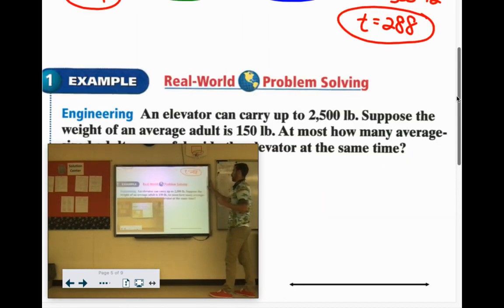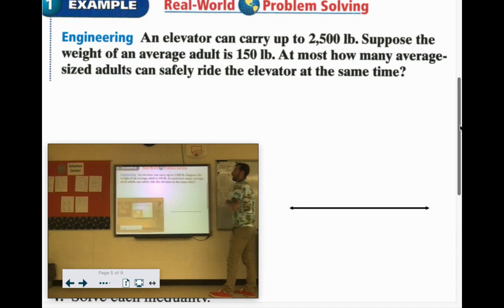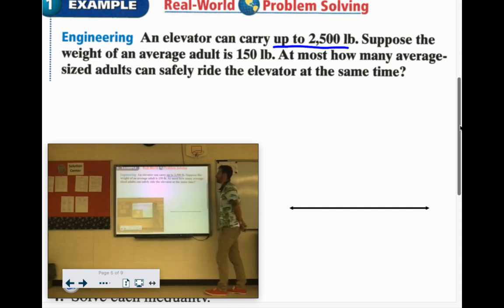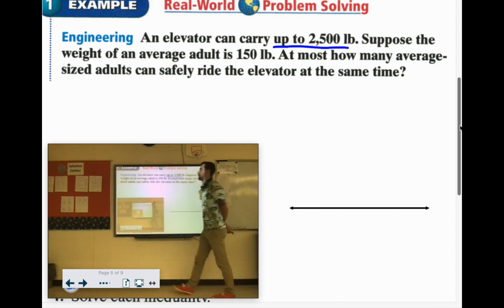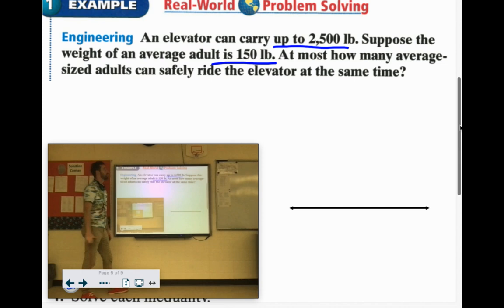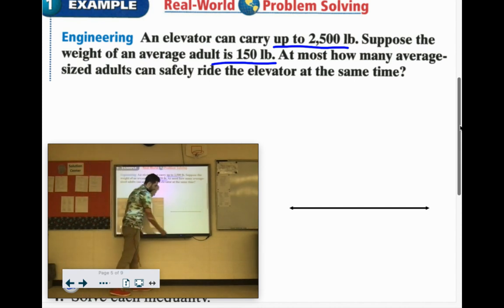Start off with a word problem. Why not? An elevator can carry up to, I bet that up to is important, 2,500 pounds. Suppose the weight of an average adult is 150 pounds. At most, how many average-sized adults can safely ride the elevator at the same time? If each adult weighed 150 pounds, and there were 3 adults in there, you would do 3 times 150.